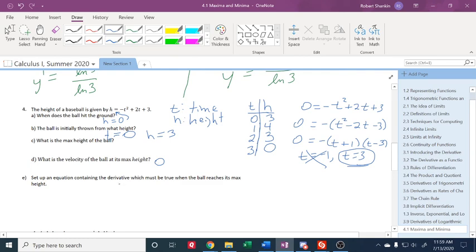Set up an equation containing the derivative, which must be true when the ball reaches its maximum height. So the derivative, dh/dt, is negative 2t plus 2. Now, at its max height, the derivative, or the velocity, is 0.